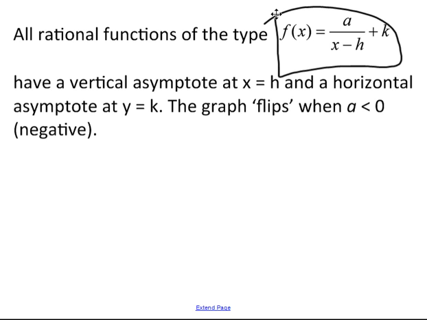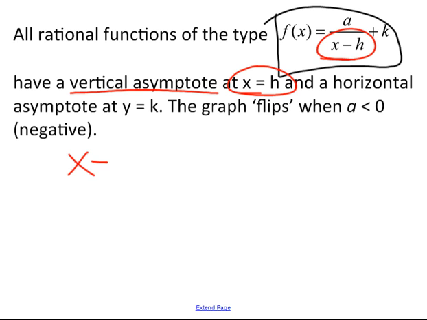First thing I want you to pay attention to is the vertical asymptote. It's at x equals h. Notice this number h is inside the fraction. When you're inside the fraction, you're going to think of opposites. Inside is always opposites.